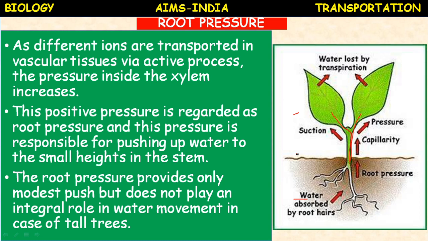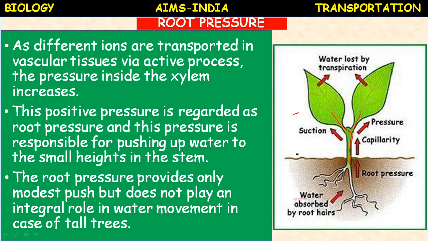The root pressure is maximum during the rainy season in tropical regions and the spring season in temperate zones. It is retarded or absent under conditions of starvation, low temperature, drought, and reduced availability of oxygen. These are all the factors which affect root pressure.